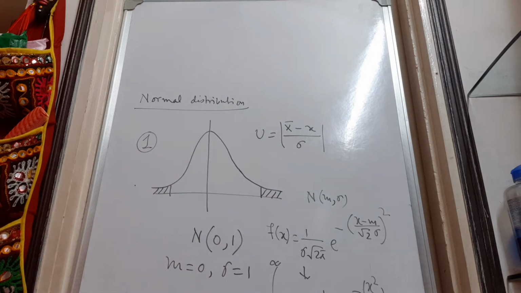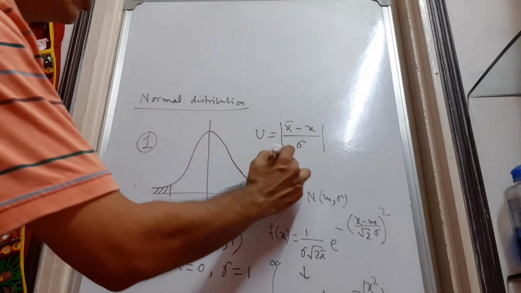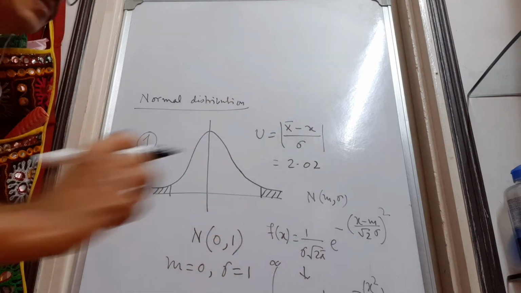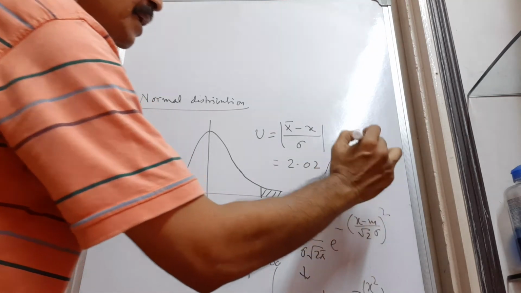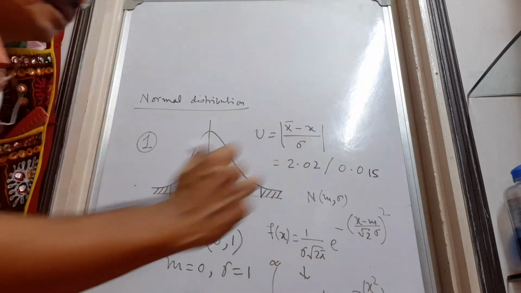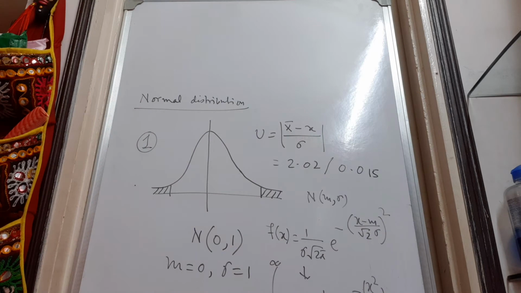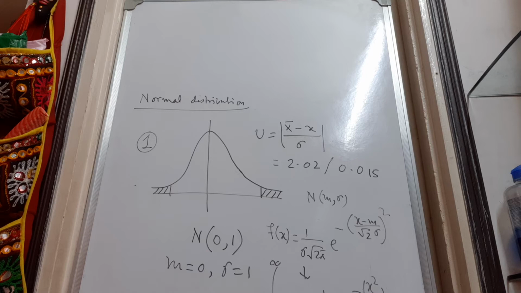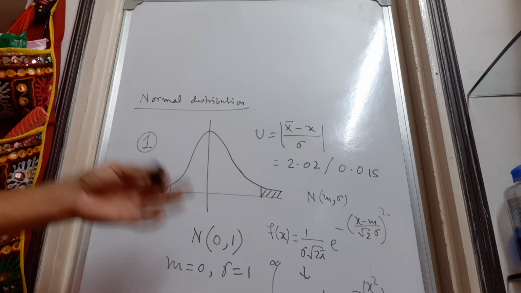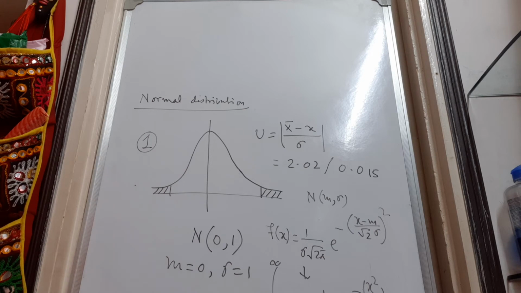If we calculate this variable and say we have a value 2.02 or we have the value 0.015, we can measure the corresponding area under this curve. It is given in the normal distribution table for u, for z.